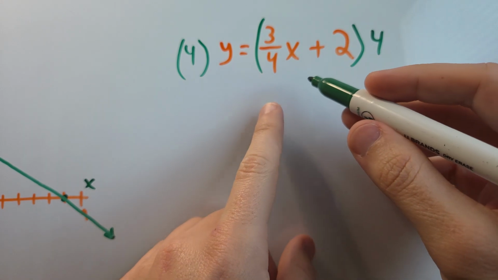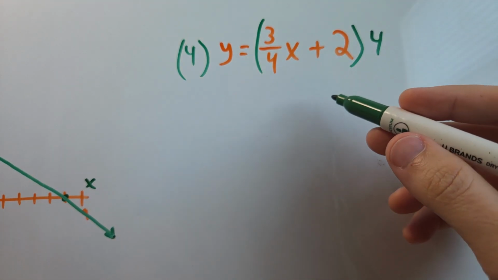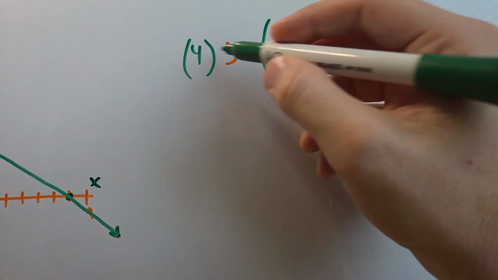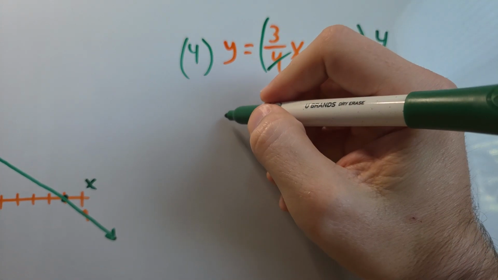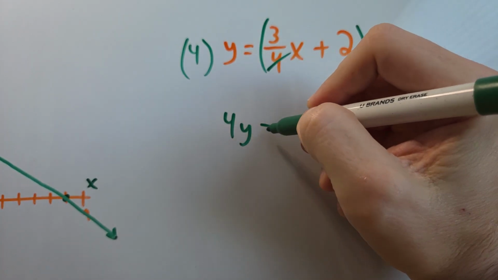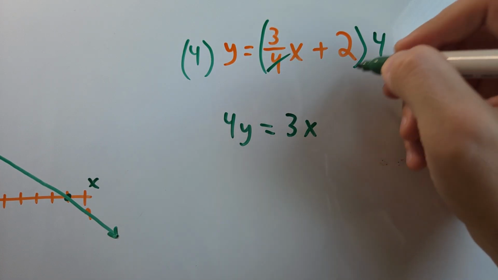When you're writing an equation in standard form, you're basically undoing slope-intercept form. So multiplying this out cancels out the denominator. Here I now have 4y equal to 3x plus 4 times 2.